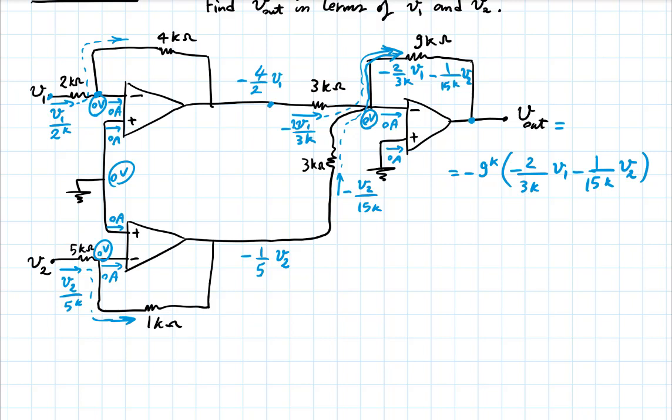Okay, and you can simplify. So maybe minus plus 6V1 plus 3/5 of V2. So that's V out.